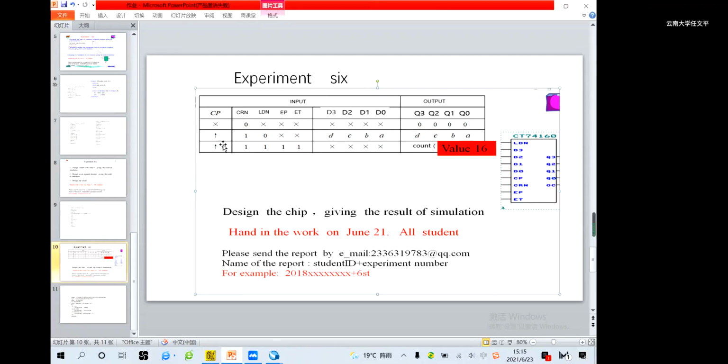The second line describes the set data function: when LDN is low level, the output equals the input data.